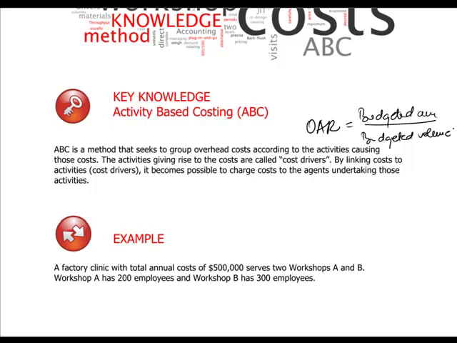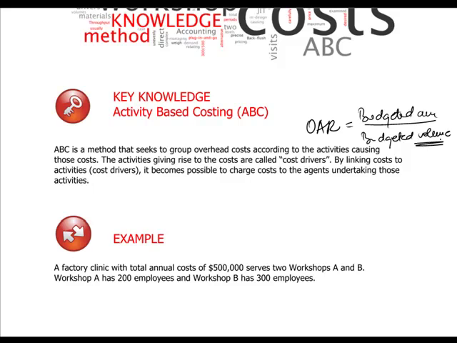Right, and this basically was based on a single volume amount that could be production or usually labor hours, and this amount was used to divide the budgeted amount of the fixed overheads.